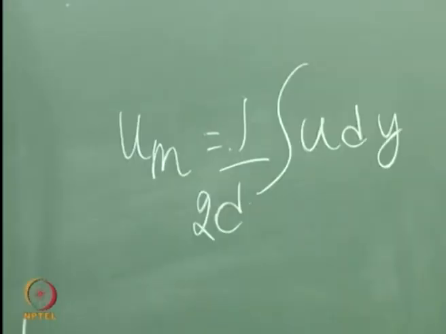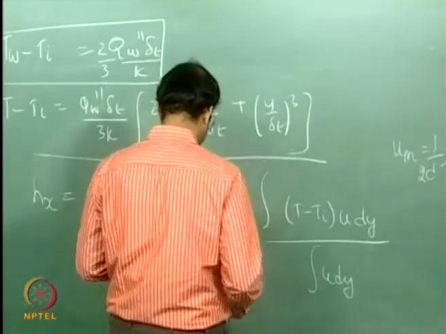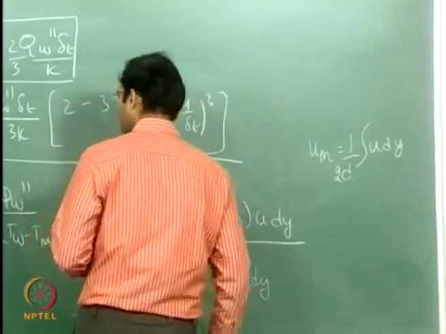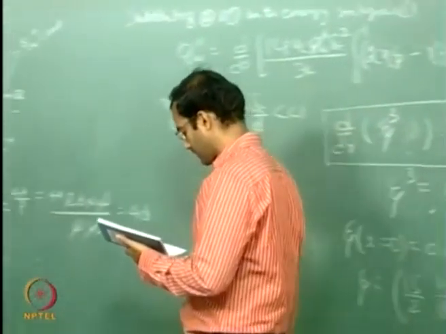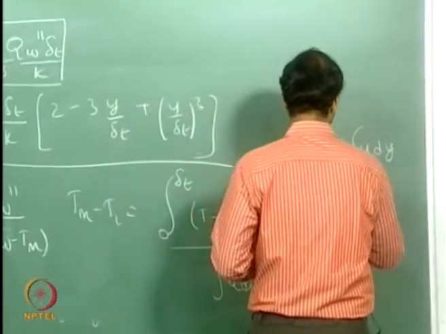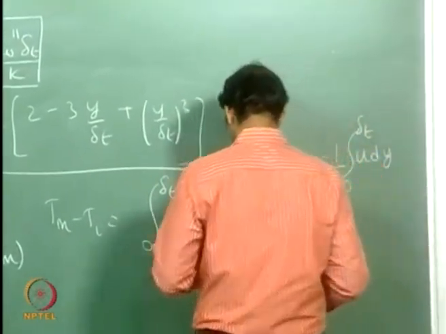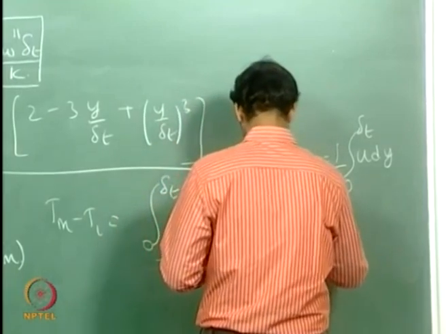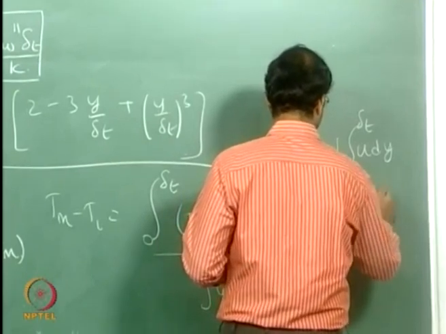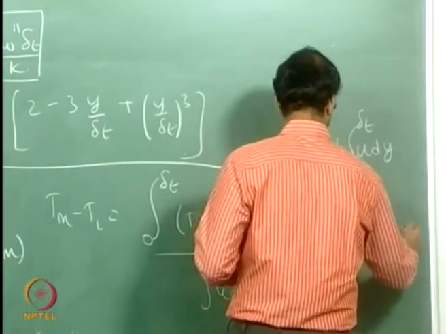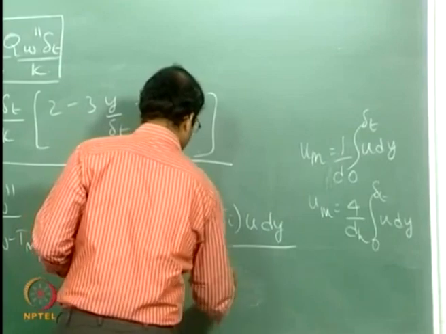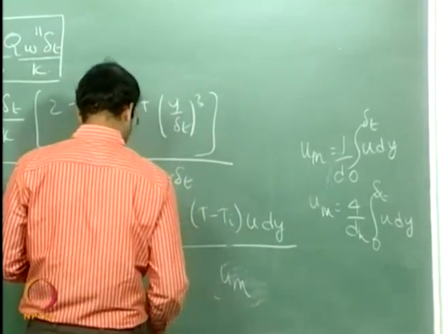Okay, so I have to integrate to get my mean temperature from 0 to delta T, and I can actually replace this as 1 over d, and my d will be dh by 4, so therefore my um will be 4 by dh integral 0 to delta T of u dy. So that can be written as um into dh by 4.